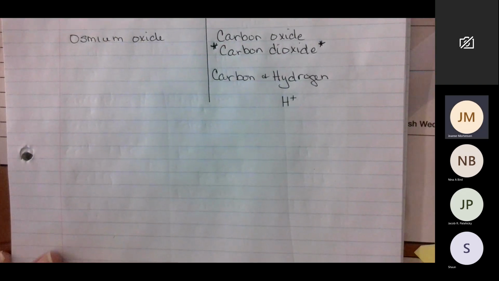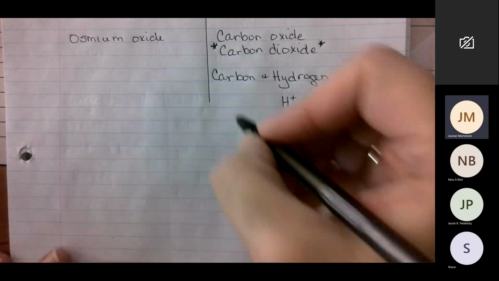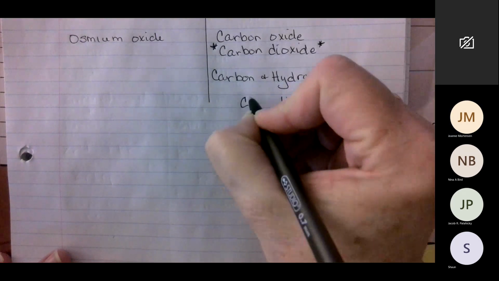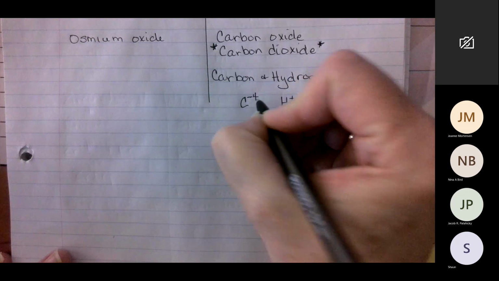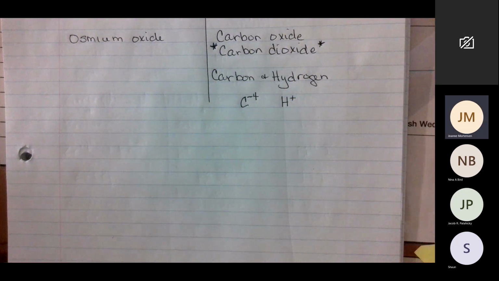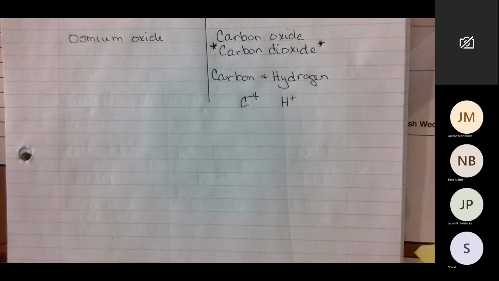So if we're mixing it with hydrogen, hydrogen's a plus, so carbon's going to act as a negative for it. So it's going to act as the opposite.